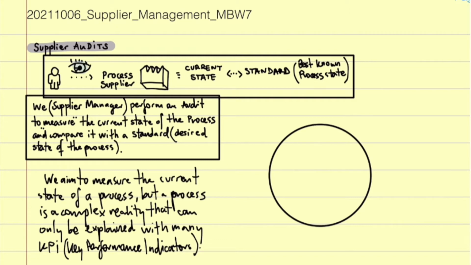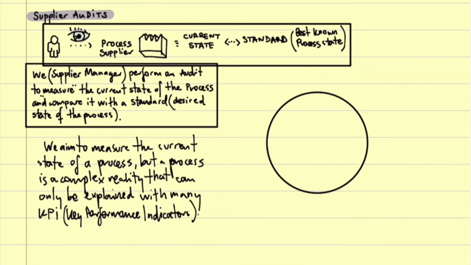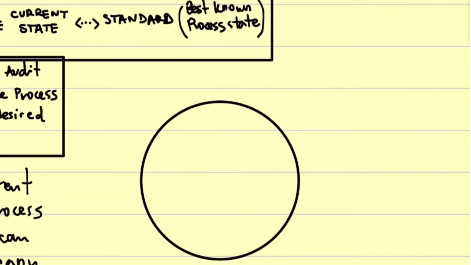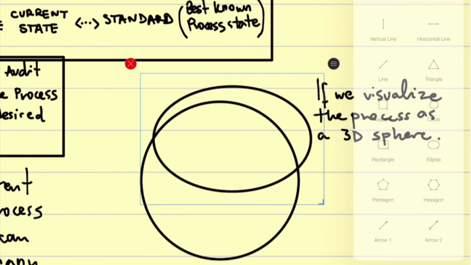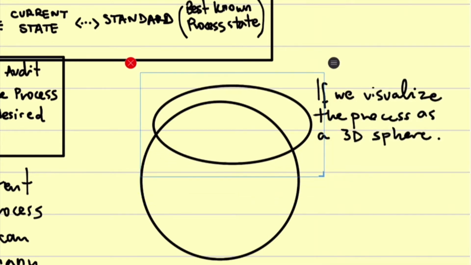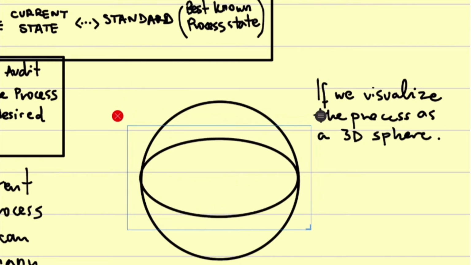If we visualize the process as a sphere, as a three-dimensional sphere, we get the following behavior. Let's say this is our process.